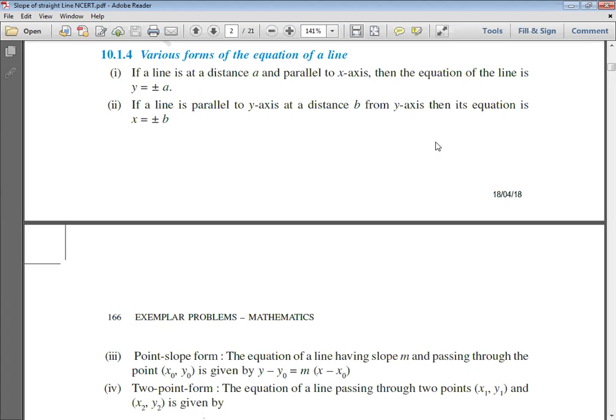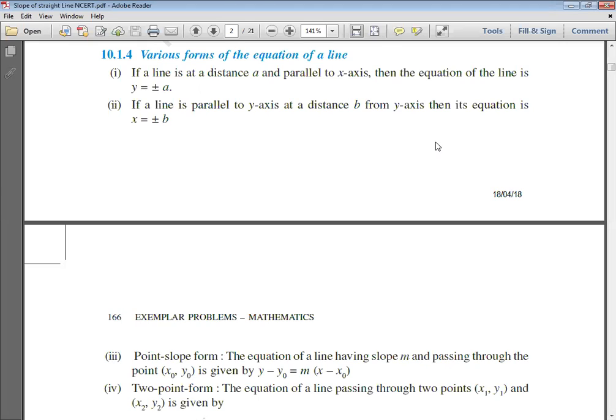Some algebraic equations must be there from which we can draw a straight line on graph paper in a proper manner considering points. So for a particular straight line, there will be a particular equation. If the positions of the straight lines are different, automatically their algebraic equations also will be different.